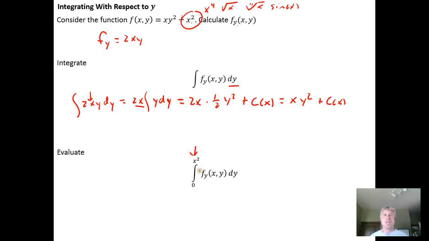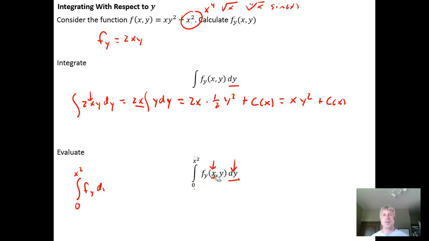If instead we evaluate a definite integral, so we take our partial derivative with respect to y, but we integrate it from y equals 0 to y equal x squared. As in the previous video, what we want to recognize is that when we're integrating with respect to y, no y's can show up in the limits of integration, only constants or functions of the other variable x in this case.